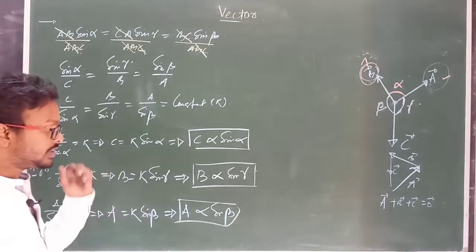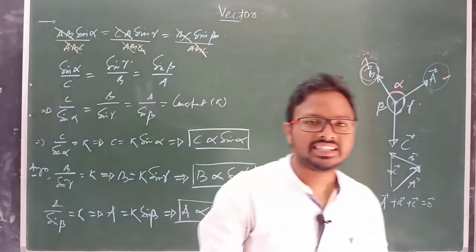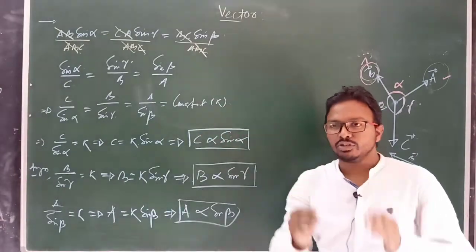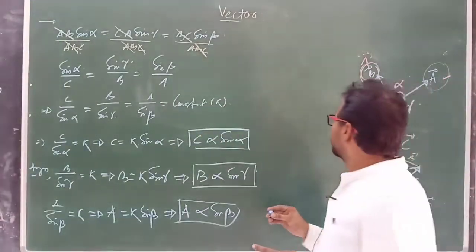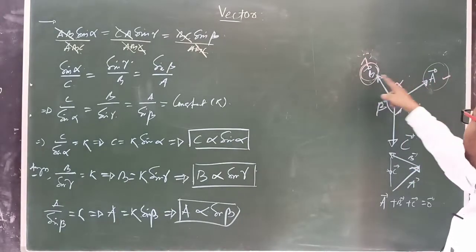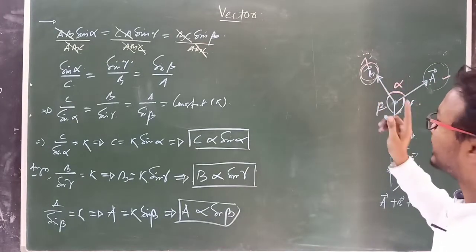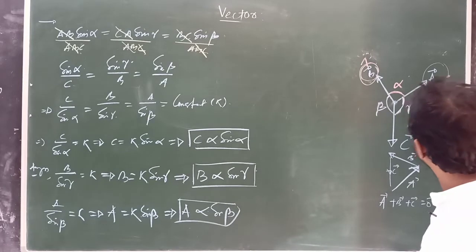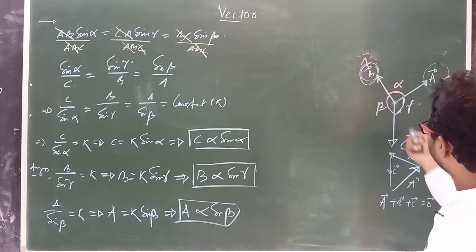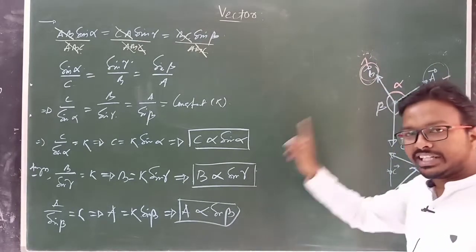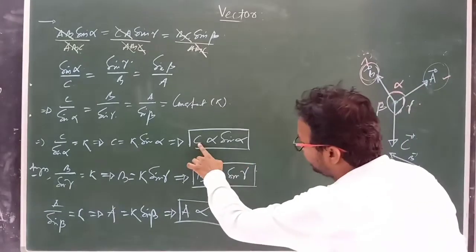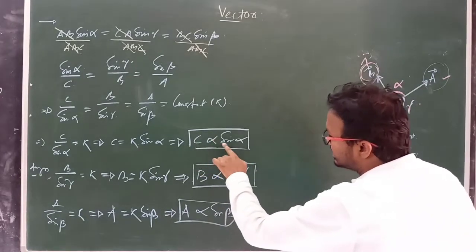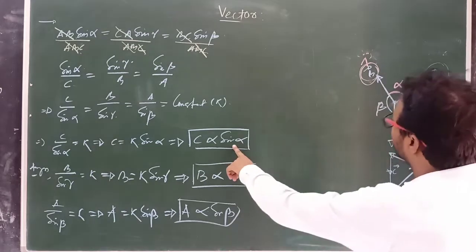Now according to Lami's theorem, if three forces, A vector, B vector and C vector, act simultaneously on a particle, then the magnitude of each force, magnitude of A, of B and of C, is directly proportional to the sine of the angle between the other two forces.